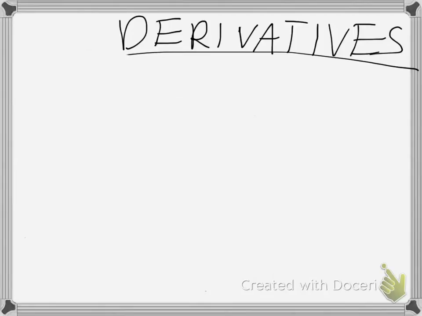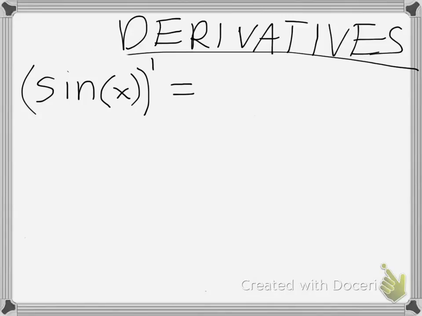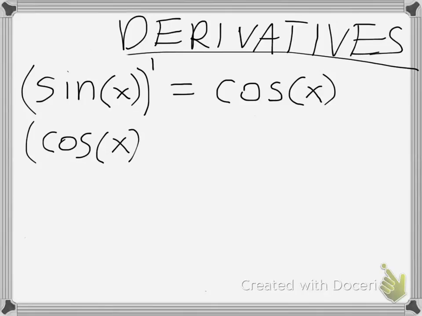Then we have the derivative of sine of x equals cosine of x. This rule is pretty important. Then we have the derivative of cosine of x equals negative sine of x.